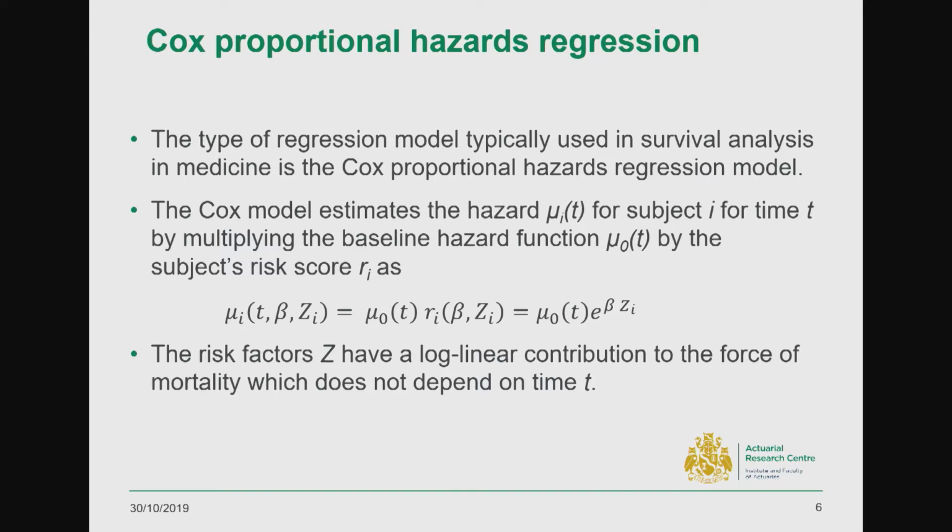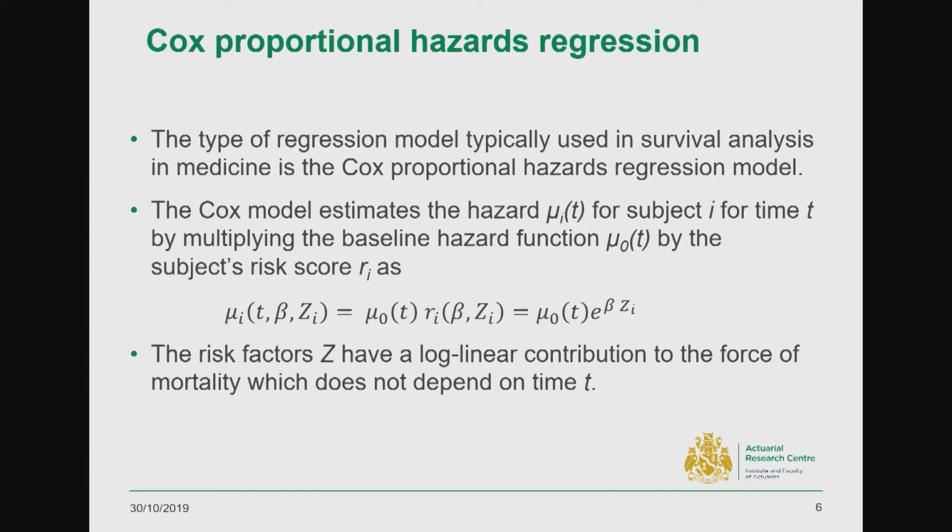You can see the rearrangement of the formula, and then the risk score is expressed in terms of the exponential of beta times z. I hope this is all clear. This is just the basics. This is how we define the hazard function.